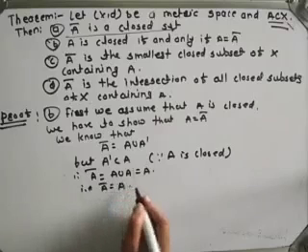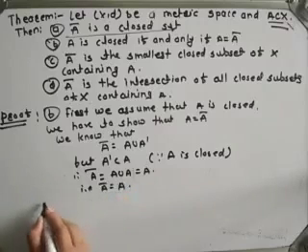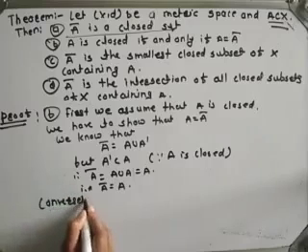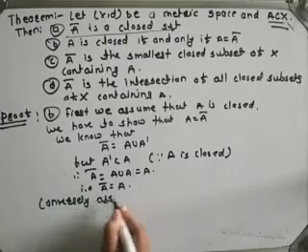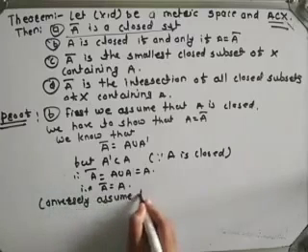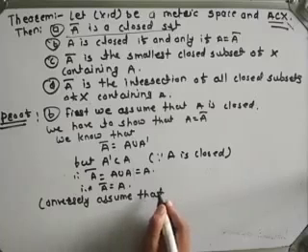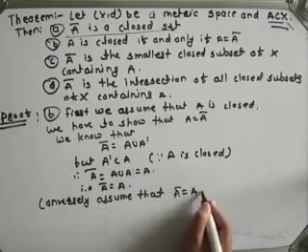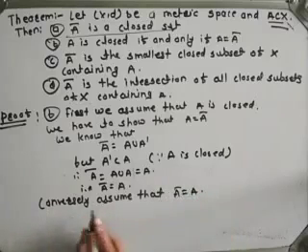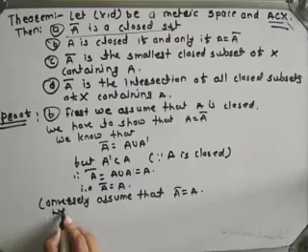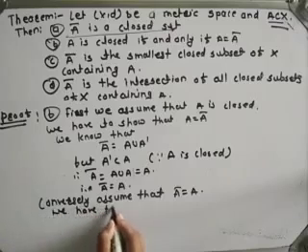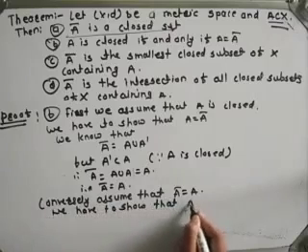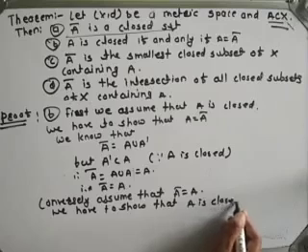Hence, the proof. Now, conversely, assume that A closure is equal to A. We have to show that A is closed.